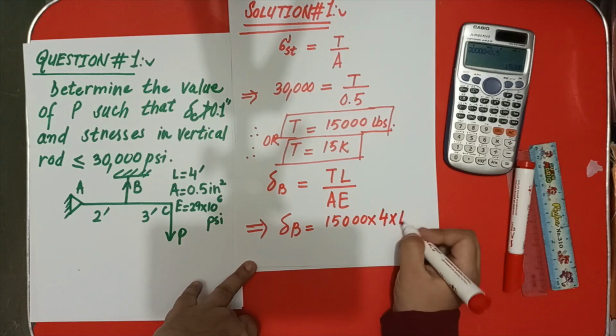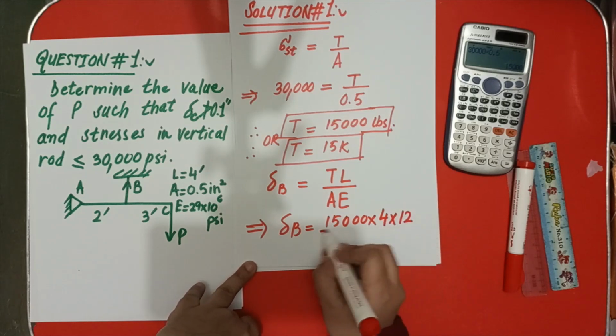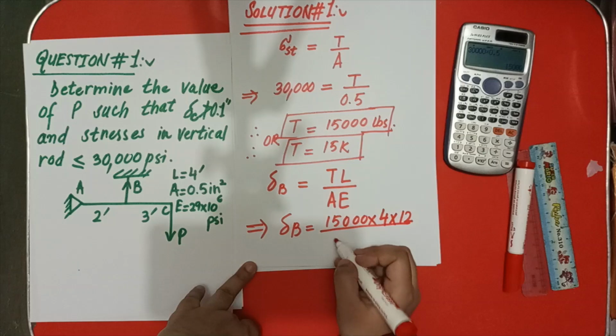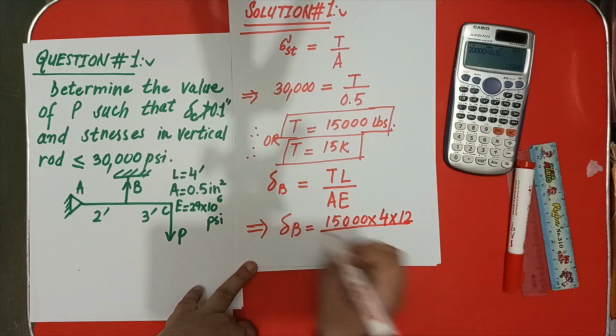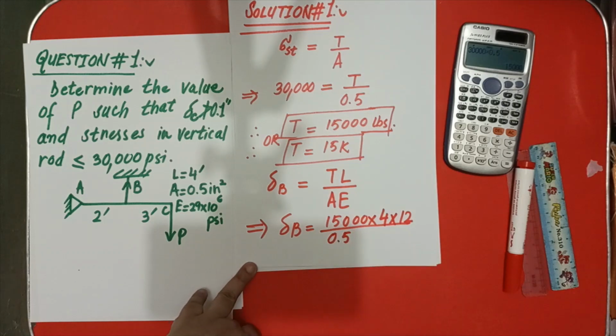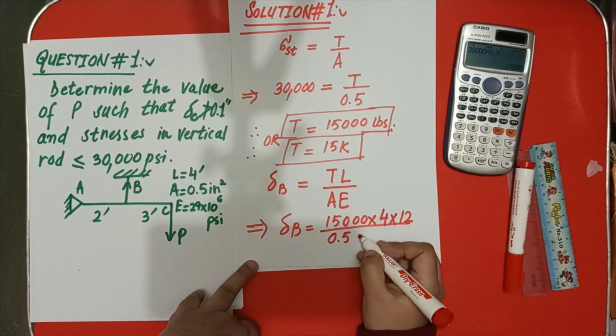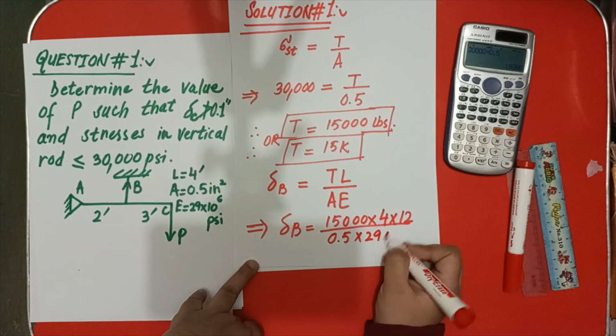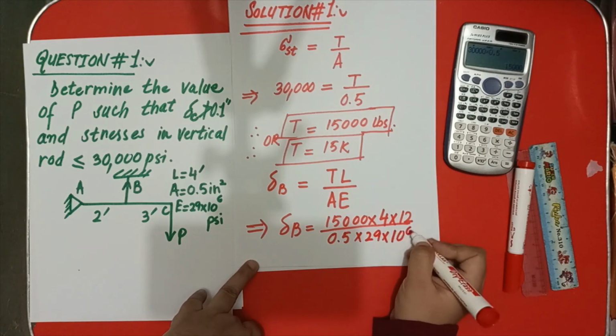I have to multiply with 12 to convert it into inches. And then area is 0.5 inches square, and modulus of elasticity, that was also given in the question, 29 into 10 to the power 6.